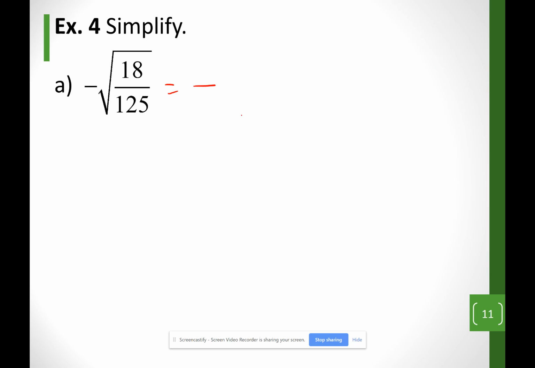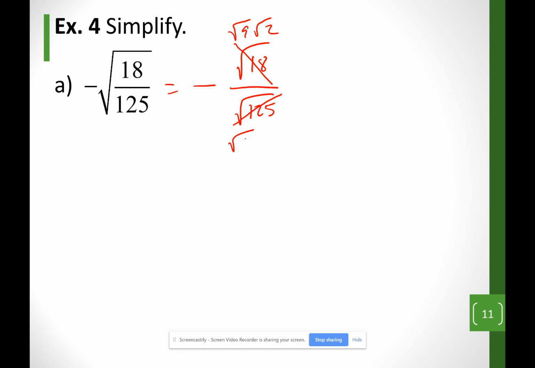My fraction is all negative, but I'm going to split my radical sign. I have radical 18 over radical 125. Radical 18, I can split that as radical 9 times radical 2, because radical 9 is the perfect square.